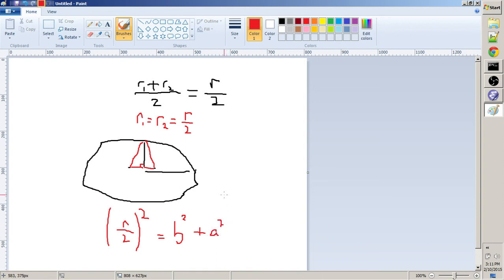So the b will just equal the square root of half r squared, there we go, plus a squared, or minus a squared. It's kind of hard to think and draw these terrible diagrams at the same time.